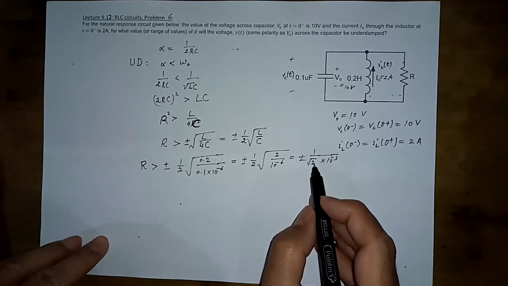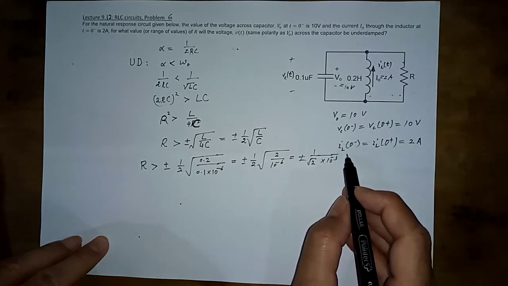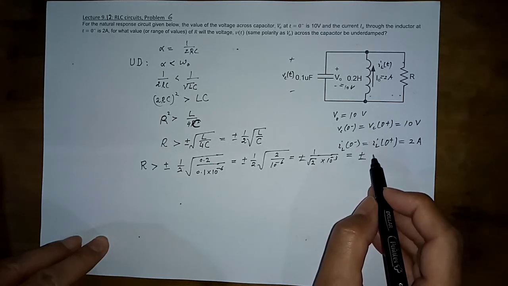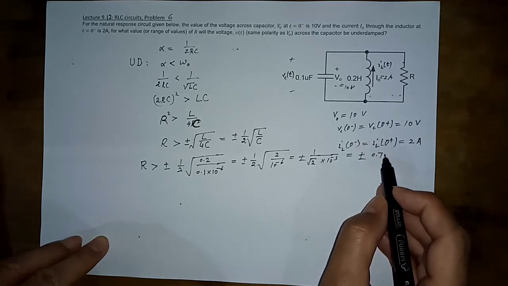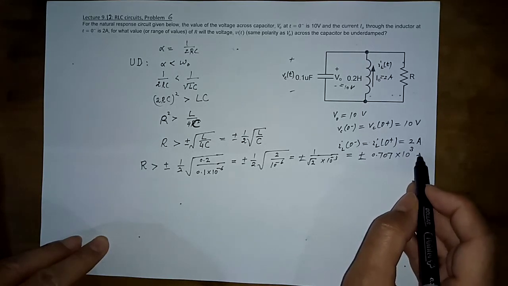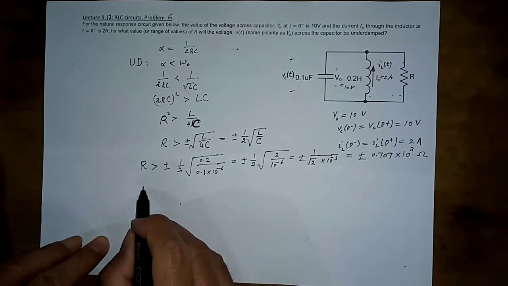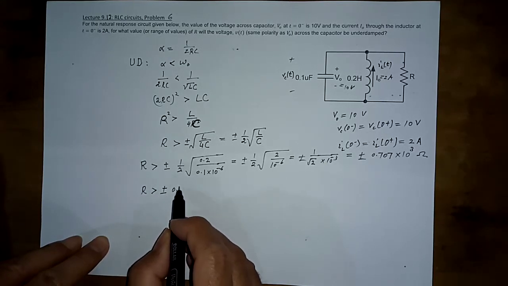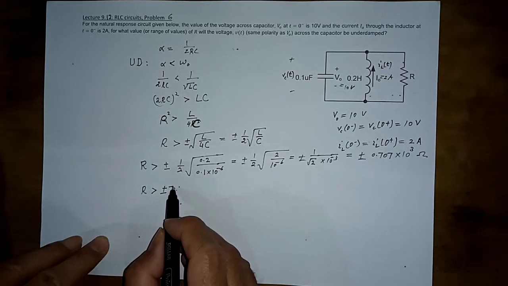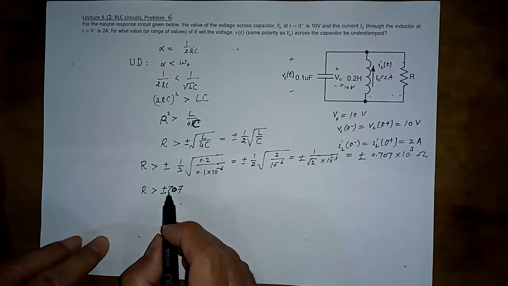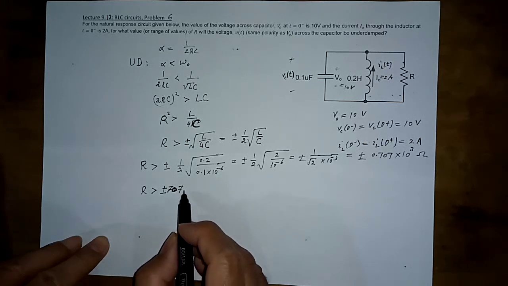Not inside the square root. So this is equal to plus minus 0.707 into 10 to the power 3 ohm, because we are computing R. So R should be greater than plus minus 707 ohm, no decimal point here.